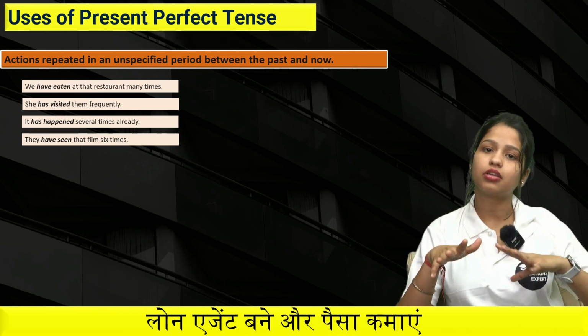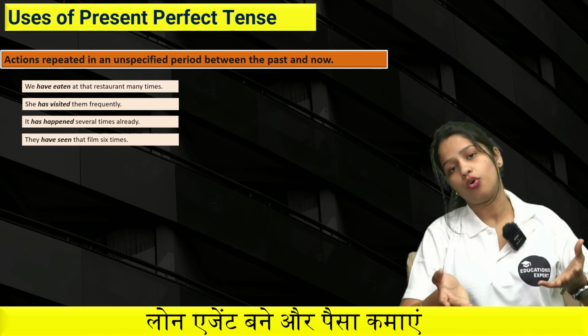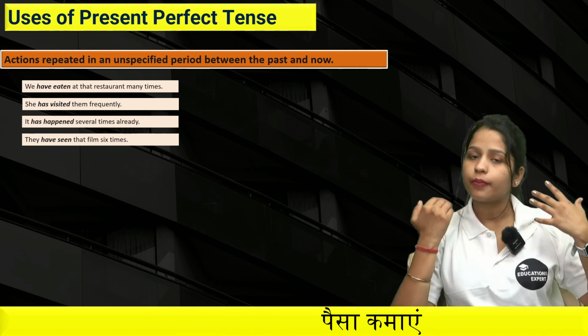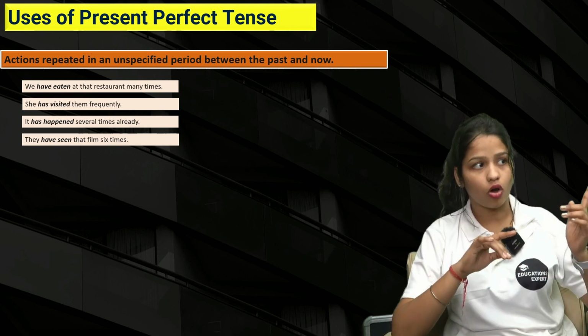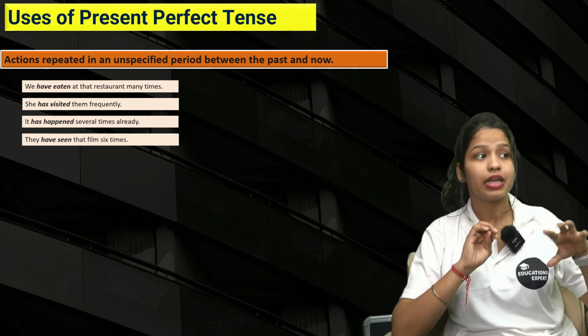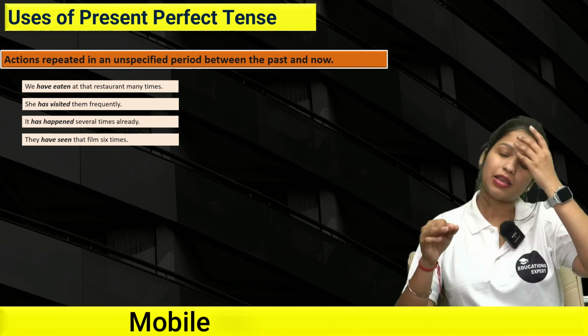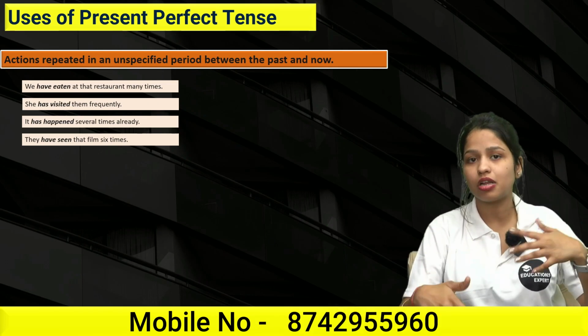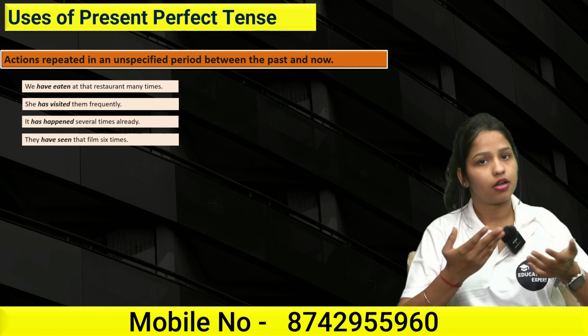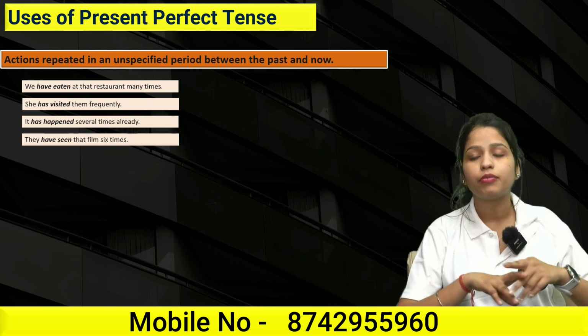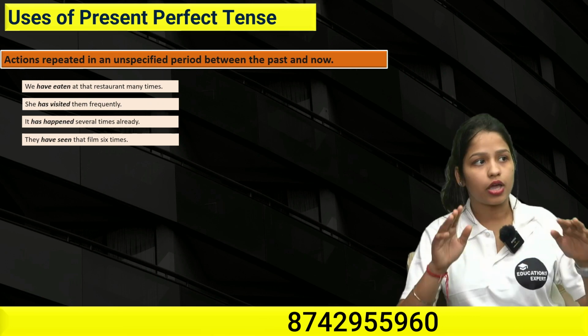It's the time between the past and the now. So this is how you talk about actions that are repeated. Many times means the action has repeated a lot of times, in an unspecified time period between the past and the now. I hope this is clear for you.